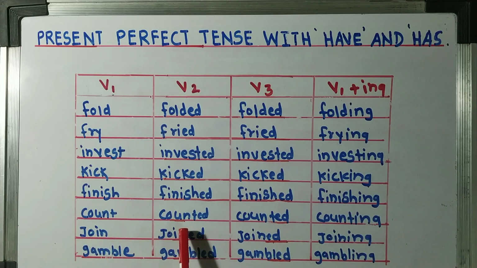Count, counted, counted, counting. Join, joined, joined, joining. Gamble, gambled, gambled, gambling. In this way you have to practice the forms of verbs, and then you have to study any tense.